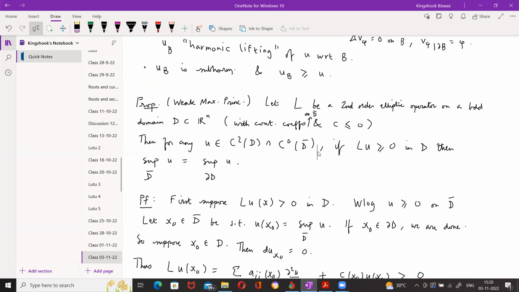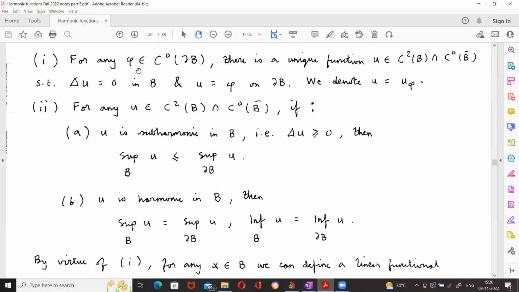So that's what I'm writing here. This B is a geodesic ball in my Riemannian manifold, and here I have this weak maximum principle. This is all I need in order to define what are called the harmonic measures on the boundary of the ball.